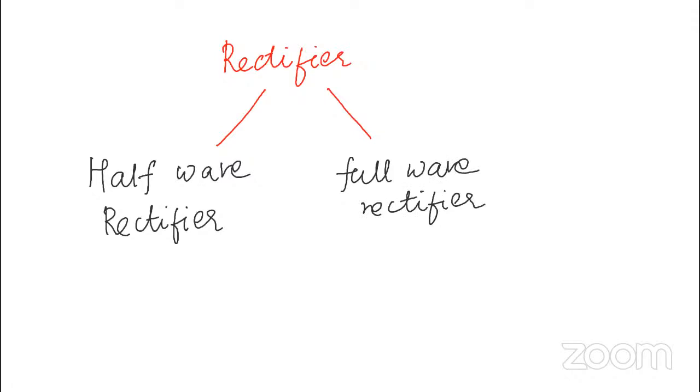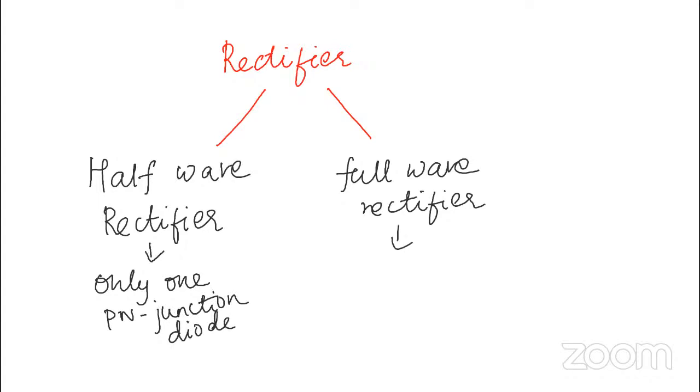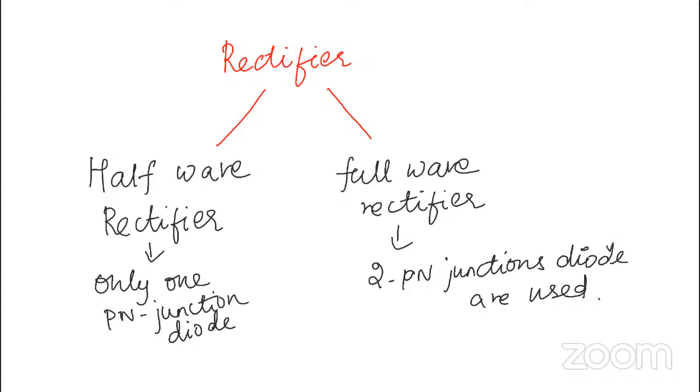Here we are using only one PN junction diode, and here two PN junction diodes are used. So that is the main difference between half wave rectifier and full wave rectifier.